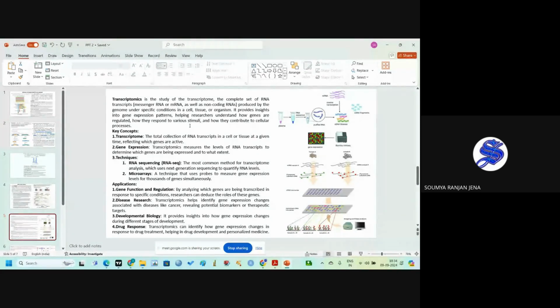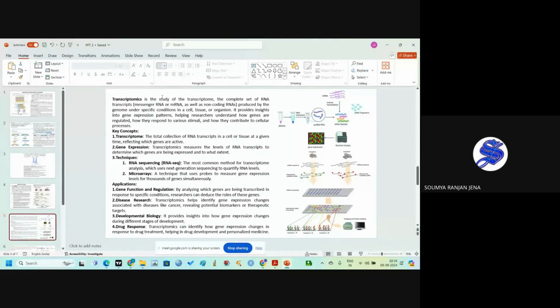Why do we choose to study transcriptomics? Because the genome is transcribed to mRNA. These mRNAs give rise to functional proteins, and those proteins are our building blocks, or enzymes, or used for metabolic processes of our body. So any error at the mRNA level gives rise to a non-functional protein.